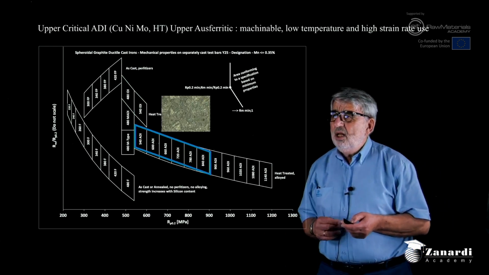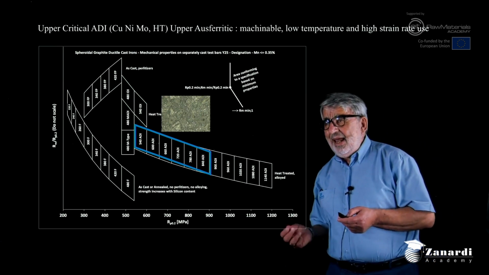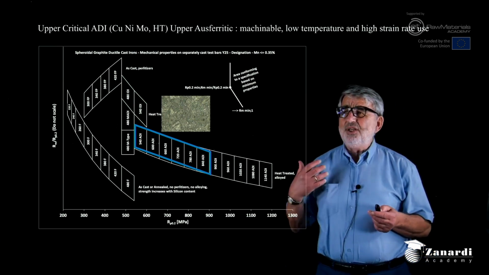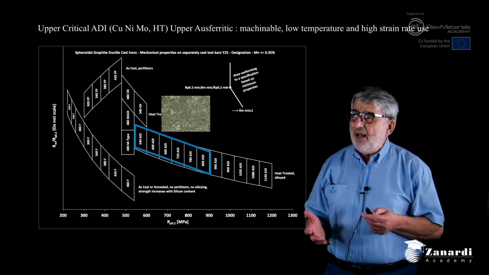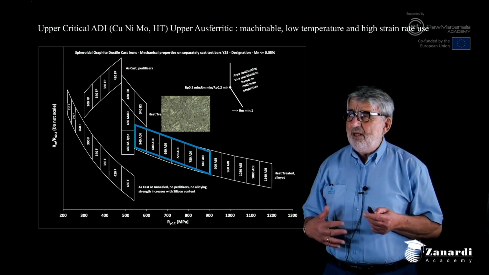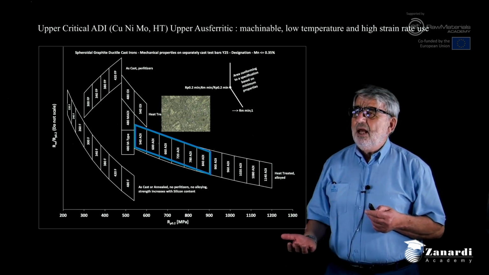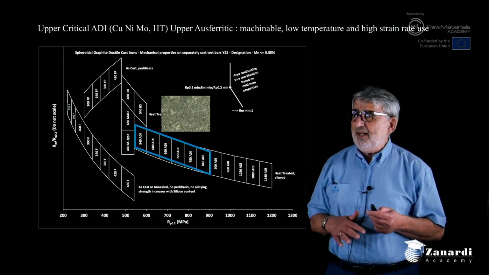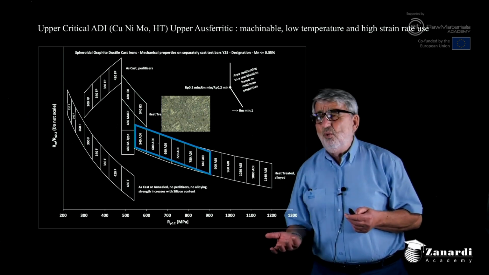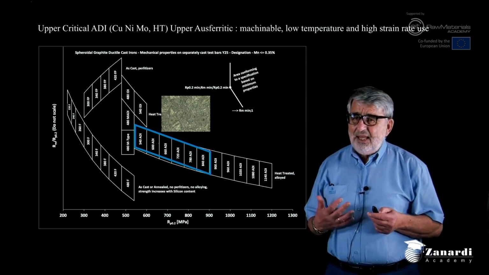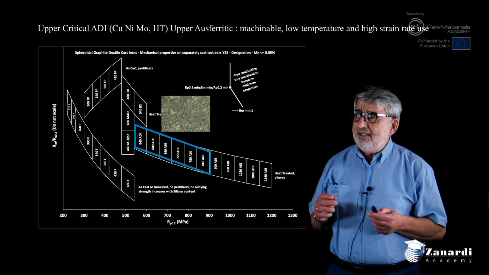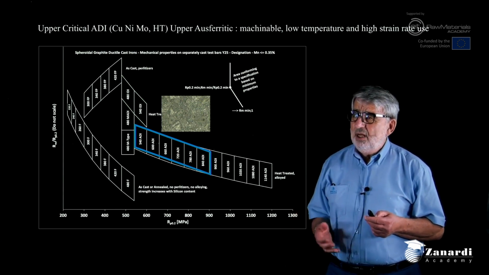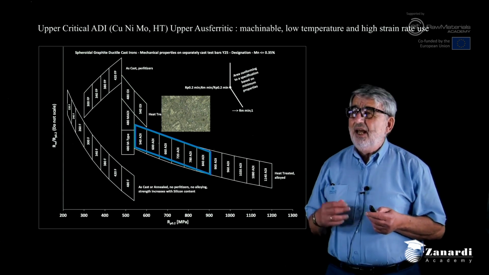And then we have all the family of ADI, say normal ADI, with the austenitizing temperature above the critical range, but austempered above also the pearlitic nose, so the so-called upper ausferritic ADI that arrive up to 1200 megapascal strength, and that have the best combination of fatigue strength and also impact properties, even at very low temperatures and especially at a high strain rate.